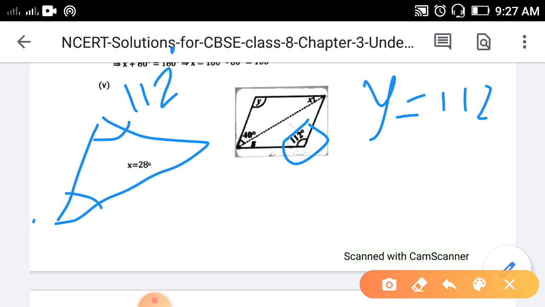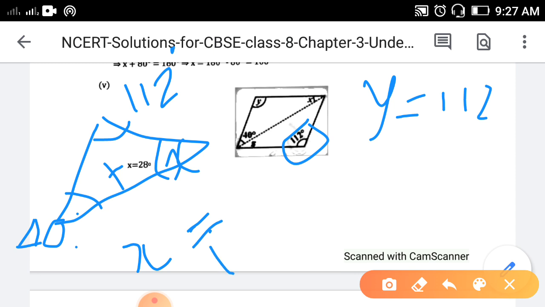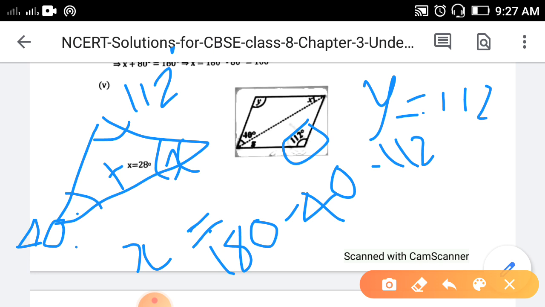Here it is 40 degrees and we have to find out x. So you can use the angle sum property: the sum of all three angles is equal to 180 degrees. So x is equal to 180 minus 40 minus 112. So x is equal to 28.